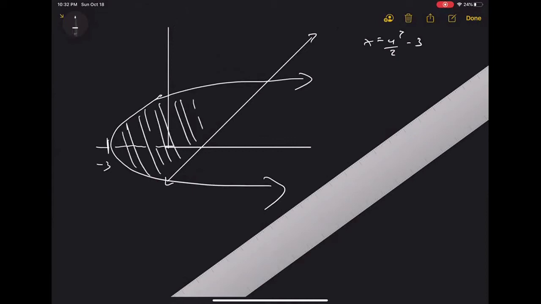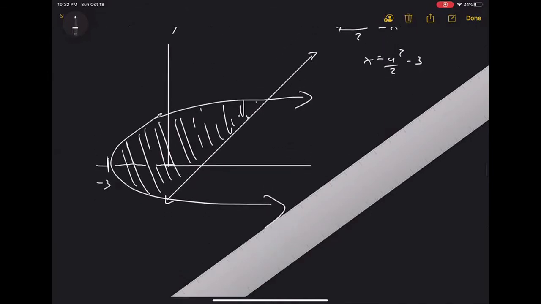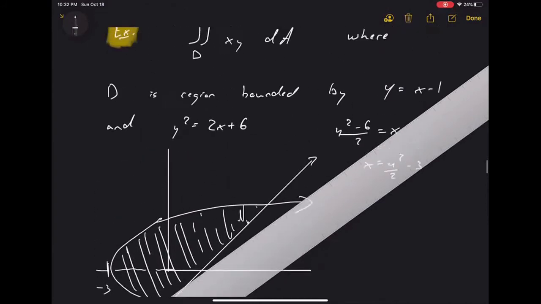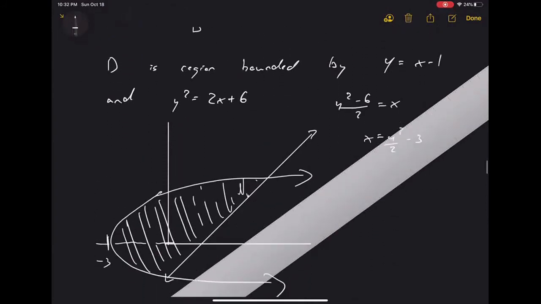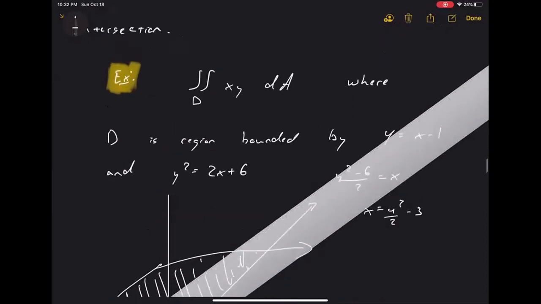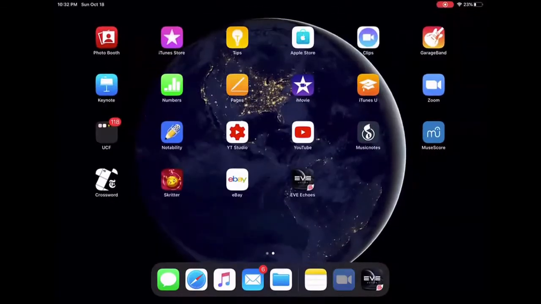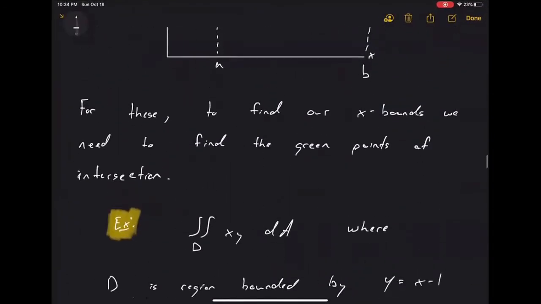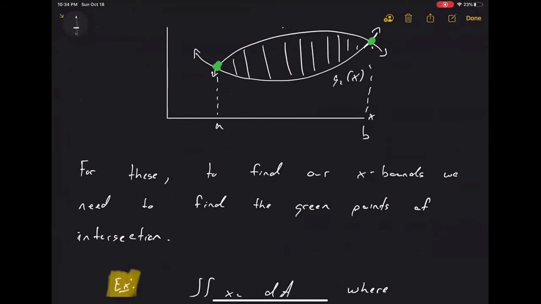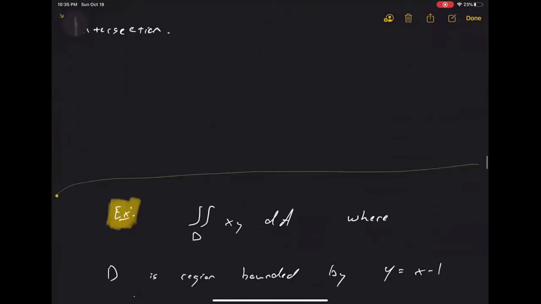It's this part right here, right? Let's see. I think I might have written this backwards, because this is not a function of x, it's a function of y. Apologies. This is an example from the next section, the type 2 integrals. So let's put this example aside and we can come back to it in a bit maybe.